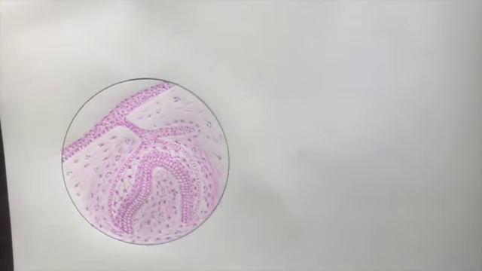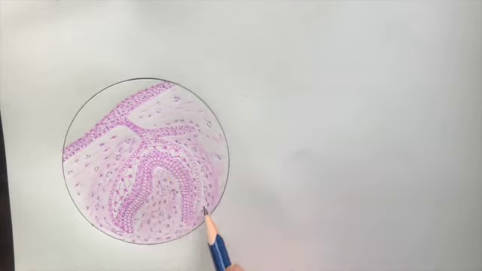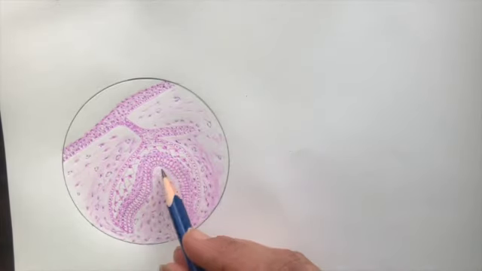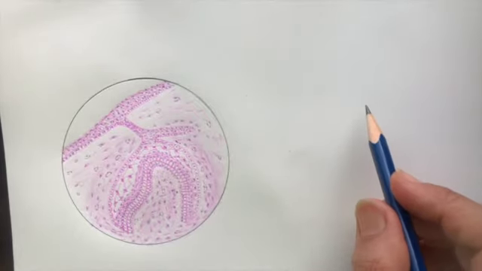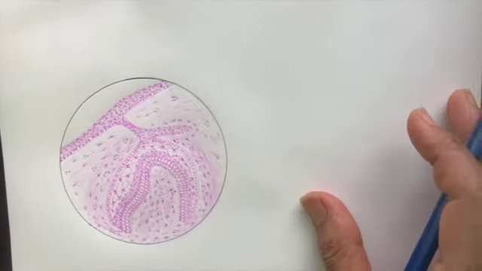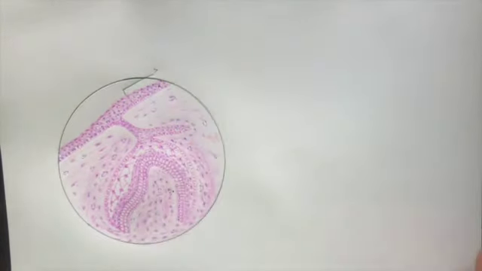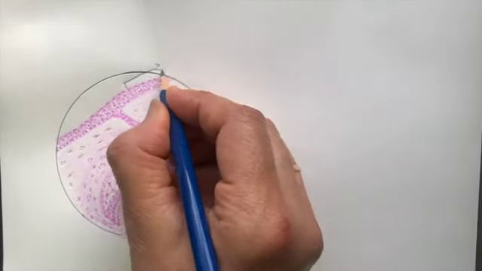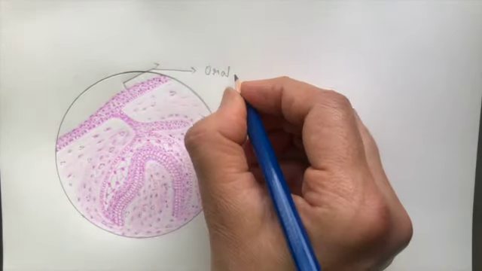Let us be a little careful while labeling because we want to label all the enamel organ or the dental organ structures together and put a bracket and say all these structures belong to the dental organ. So let's be careful. So this is basically the oral ectoderm. We shall make it as oral ectoderm.